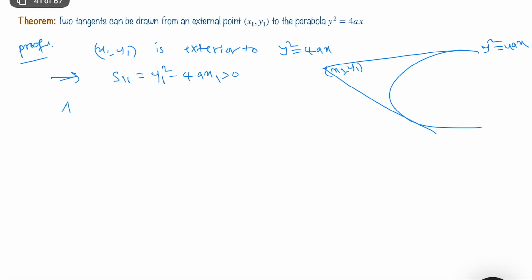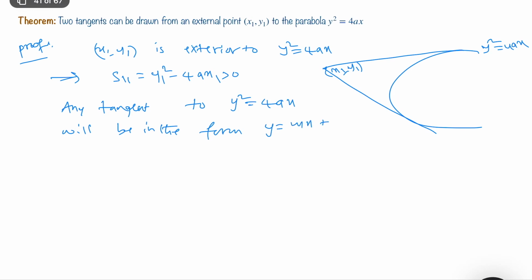And we know that any tangent to the parabola y square equal to 4ax will be in the form y equal to mx plus a by m for some m not equal to 0.